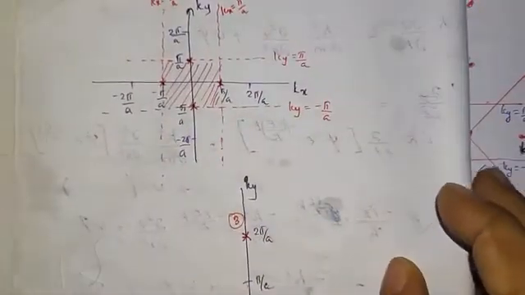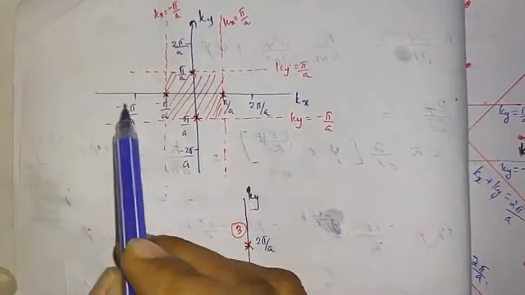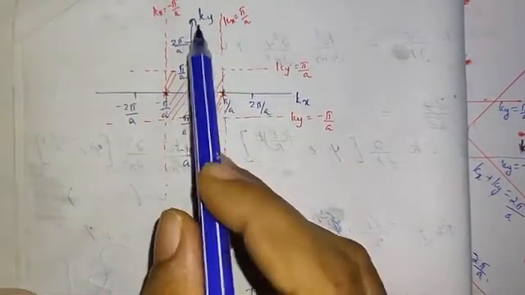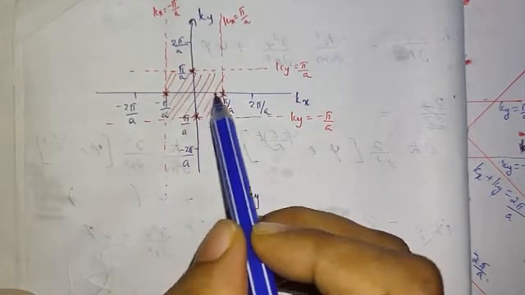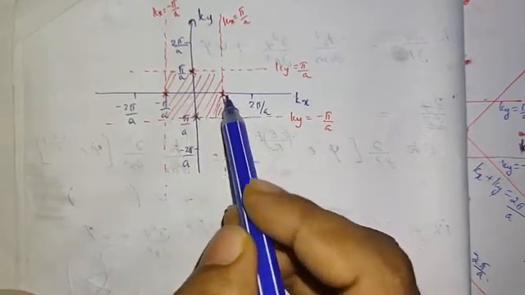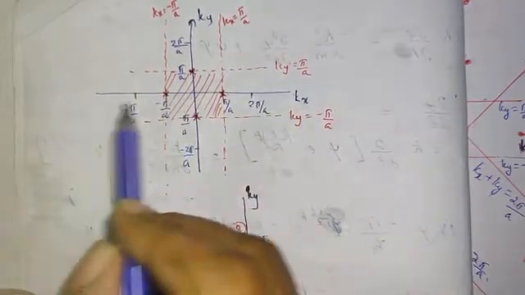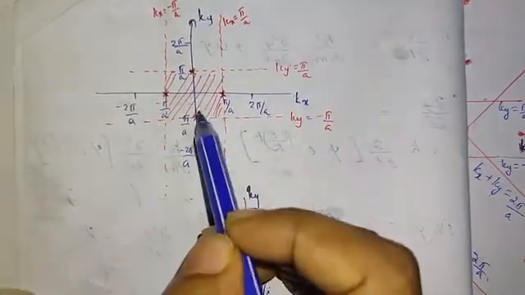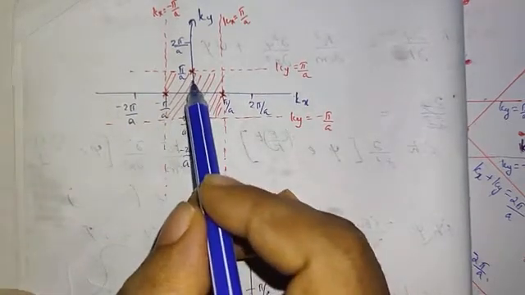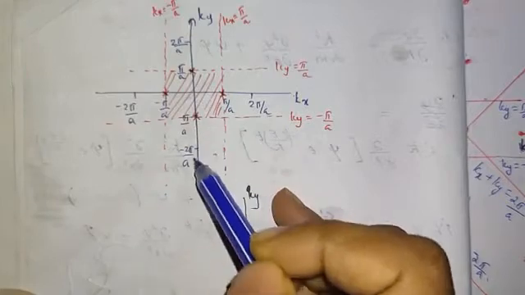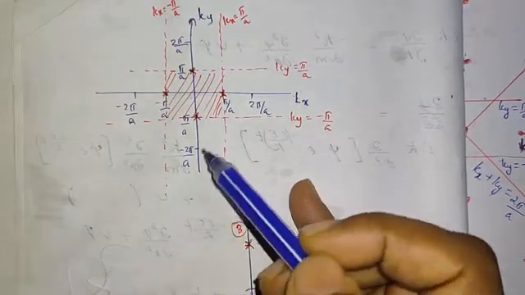So this is the kx axis and this is the ky axis. I have marked here on the x-axis pi by a, 2 pi by a on the positive side, and minus pi by a, minus 2 pi by a on the left side. Similarly here, positive values on the upside and negative values on the downside.